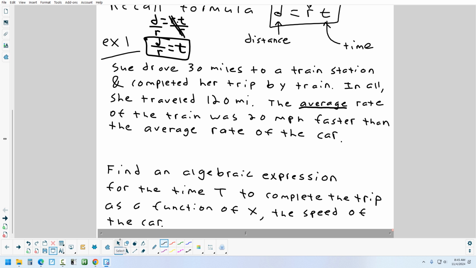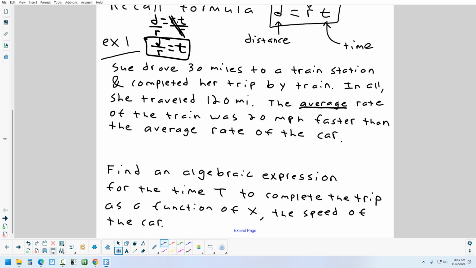And it's going to take into account all this information: the length of the trip in miles and the speed of the car and the train. Okay, so first of all, rather than writing a formula like in math, I want to write this out as like a sentence, okay, what we're looking for. We're trying to find the total time it's going to take Sue to do this trip.